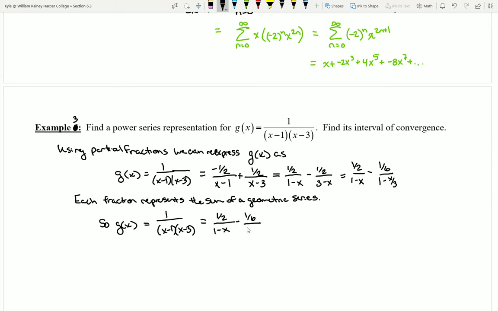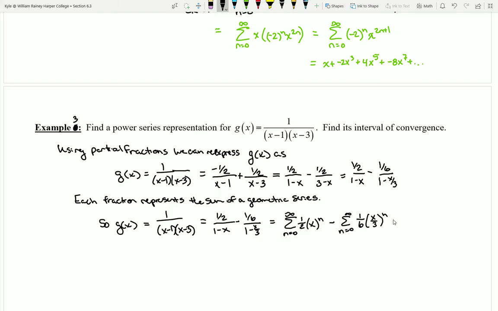If I turn these into geometric series, the first one would look like a 1/2 times x to the power of n, and the second one would look like a 1/6 times x over 3 to the power of n.